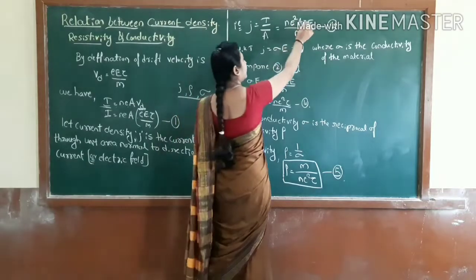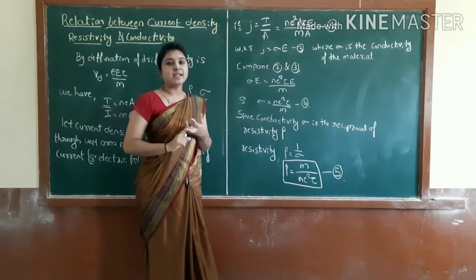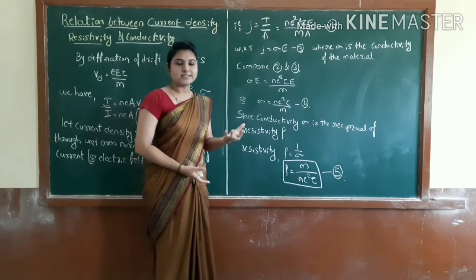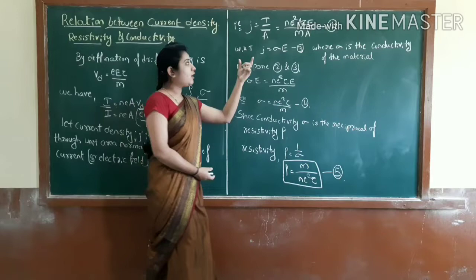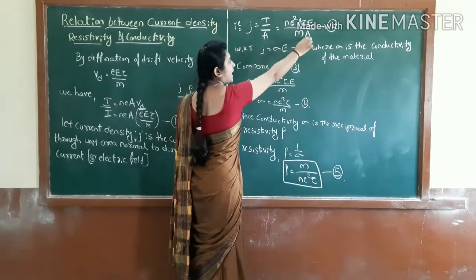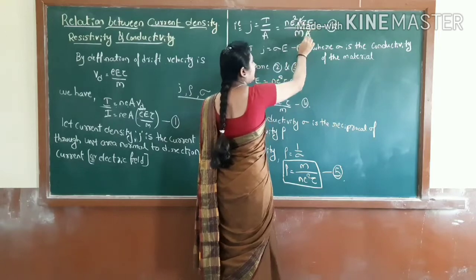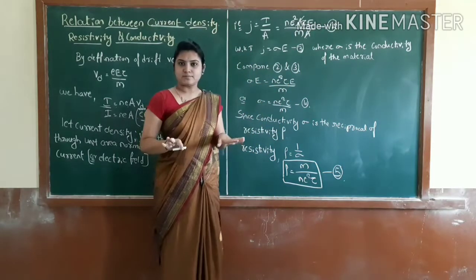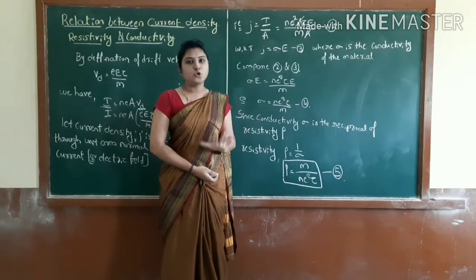Then capital A, tau, then capital E divided by m into A. From equation number 1, I wrote the value of I, along with the A, and this A and this A will cancel, correct? So take it as equation number 2.